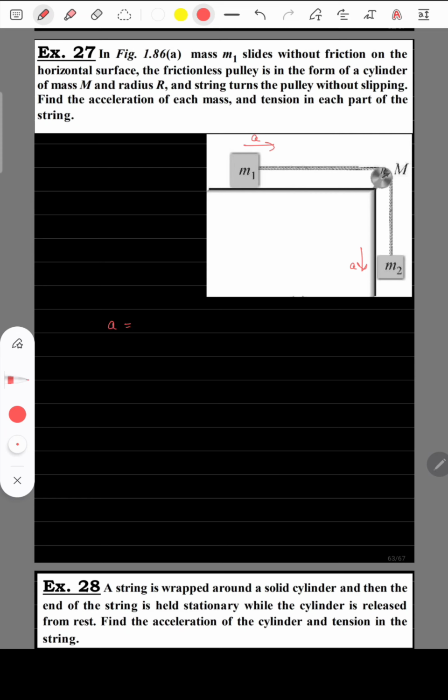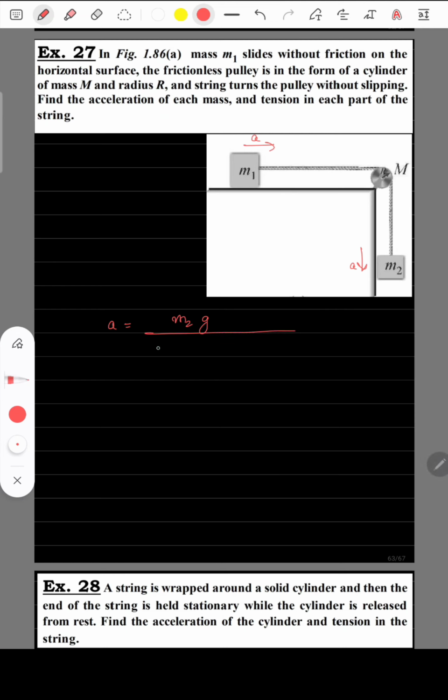That acceleration can be simply written here. Total unbalanced force is m2 into g. There is no negative force produced by the m1 block because it is resting on a horizontal surface. Hence the unbalanced force in this system is only m2 into g.